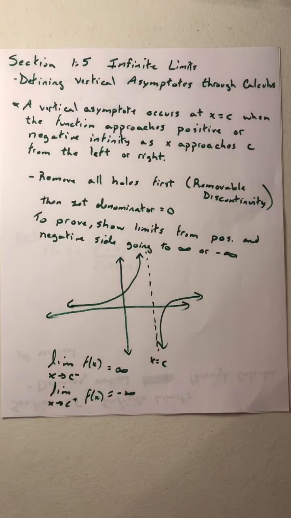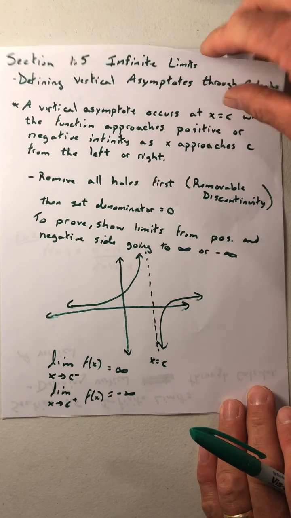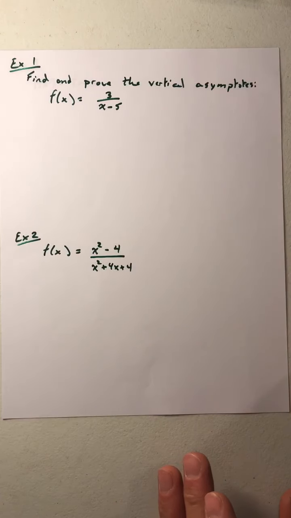That removes our removable discontinuity, which is just a hole that we can take out, and then it would be a continuous function. Then we set the denominator equal to 0. And then to justify it, we show that the limits from the positive or negative side go to one of the infinities.